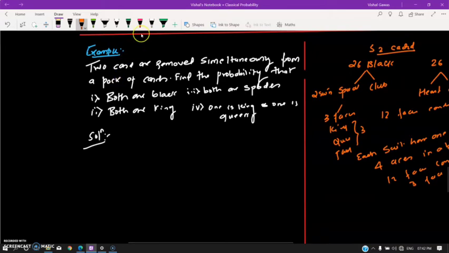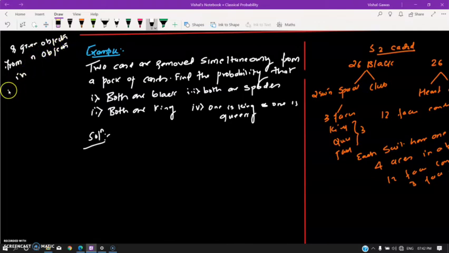If I choose r objects from n objects, the number of ways is nCr, that is n factorial upon n minus r factorial into r factorial. You need to remember that.